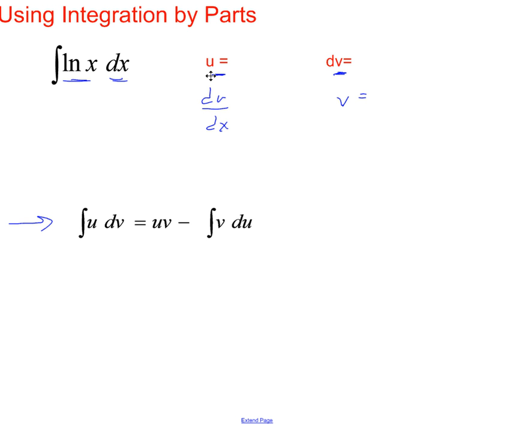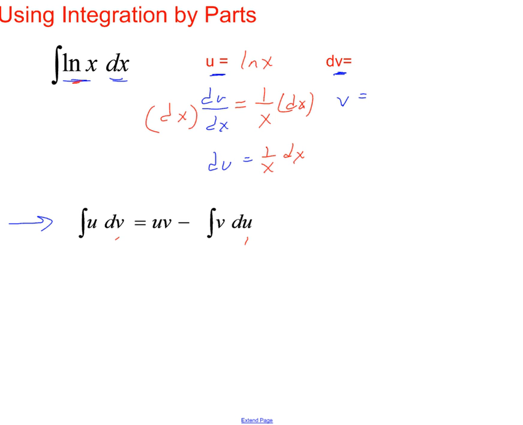So I'm going to let u be equal to ln x. I know that the derivative of that is 1 over x. Now in the formula, we're only using du's and dv's. So like we did with substitution, I'm going to multiply both sides by dx. What I end up with is that du is equal to 1 over x dx.